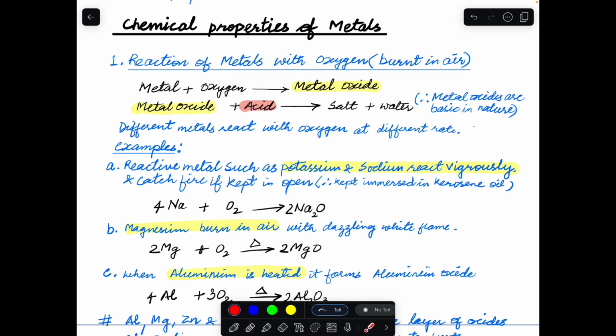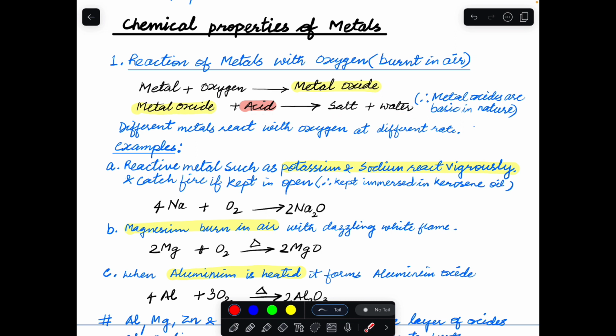Metals react with oxygen, and therefore these metal compounds in the form of oxides are present in the earth's crust, and oxygen is highly reactive. So metals react with oxygen to form metal oxides, a class of compounds, and when these metal oxides react with acid, they form salt and water.